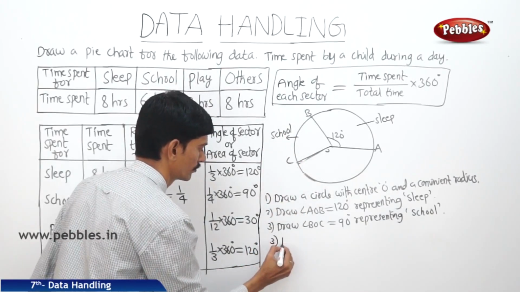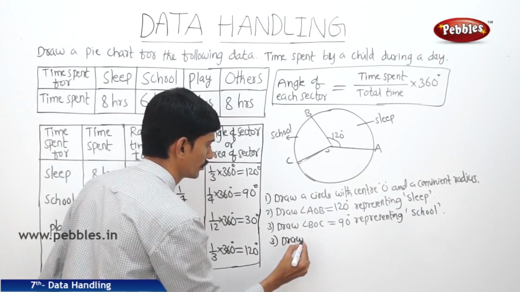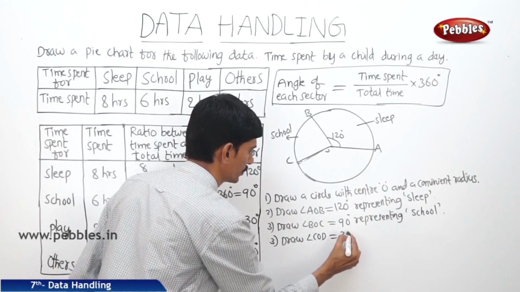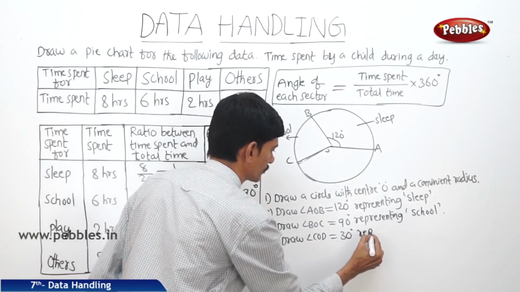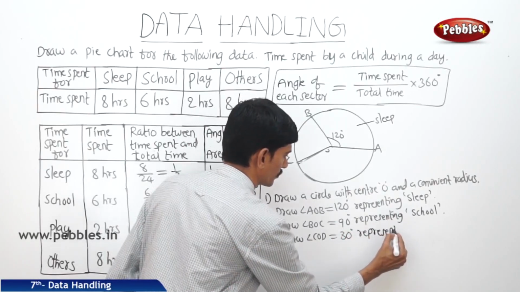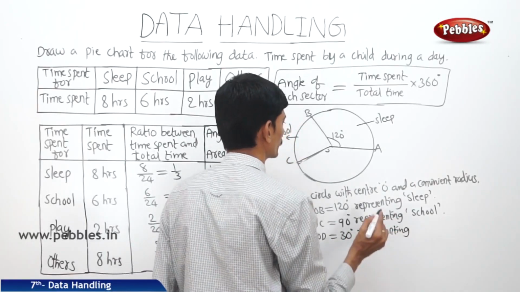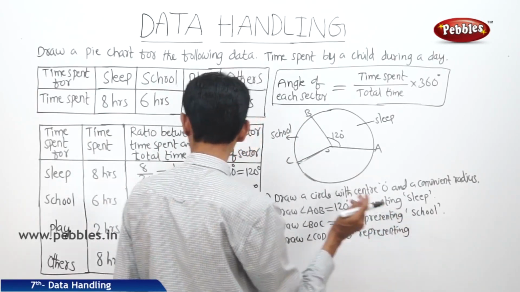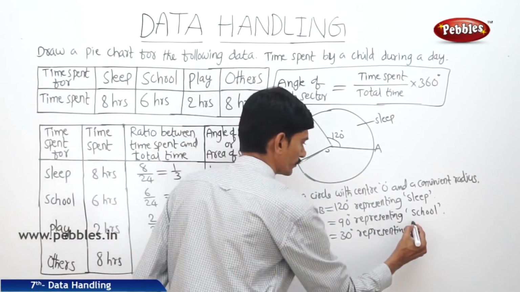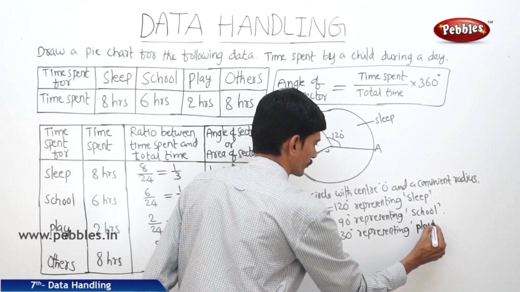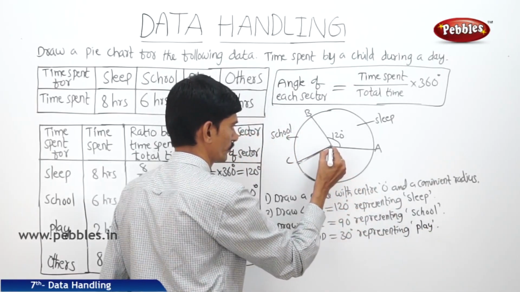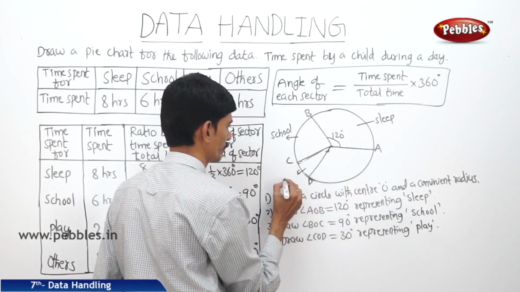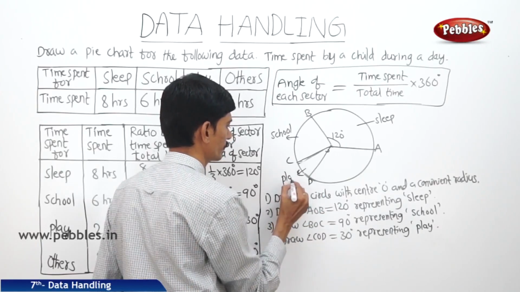Third, draw angle COD equals 30 degrees, representing the third one, play. So this is play.